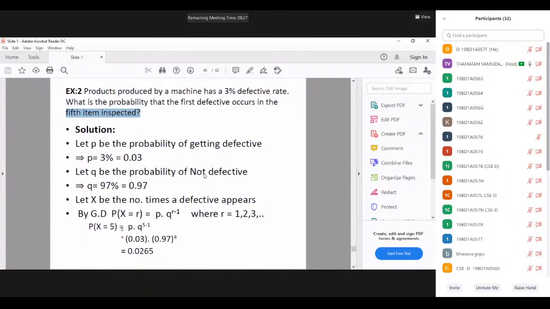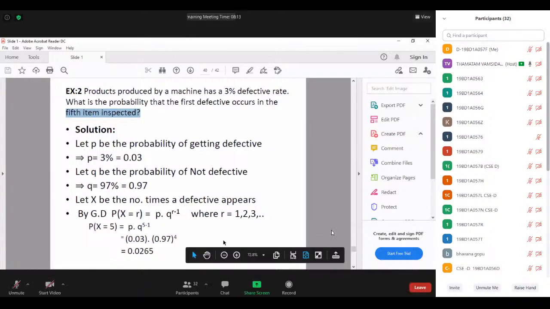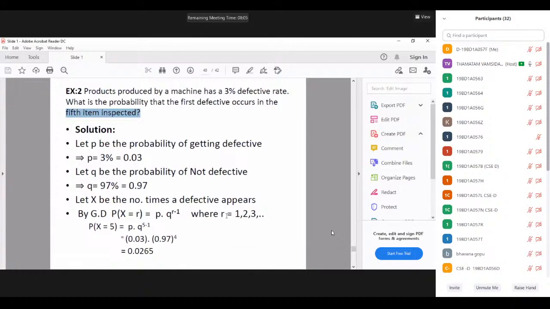That is equal to p into q power x minus 1. We know the p value, q value, and x. Substitute in this and simplify. You can get the required probability.